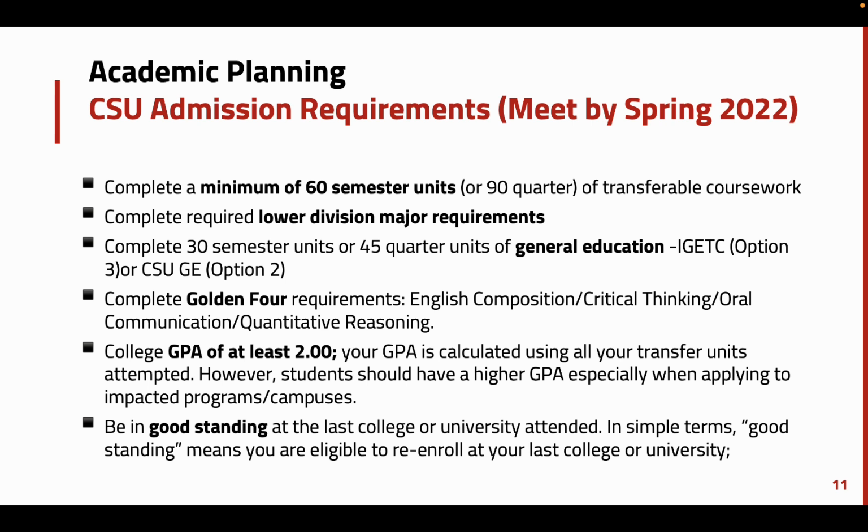But the very minimum is a 2.0 to be eligible for CSU transfer. And then you also have to be in good standing at the last college or university that you attended. In simple terms, good standing means that you're eligible to re-enroll or to continue taking classes at your last college or university.